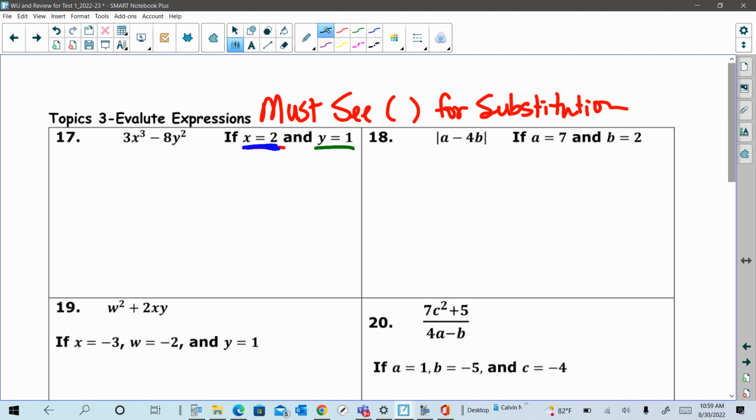So here's how the parentheses work. Whatever's in front of the variable, you keep. So I keep the 3, and now we do parentheses, 2, close the parentheses, to the third power. Minus 8, and now I'm substituting my y, parentheses 1, close the parentheses, to the second power.